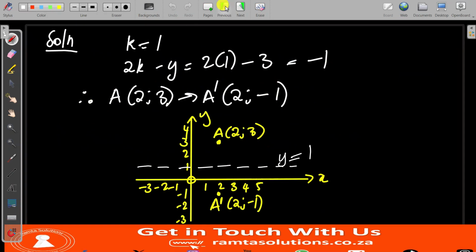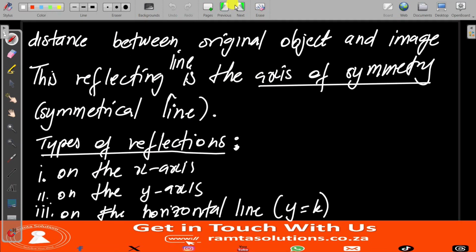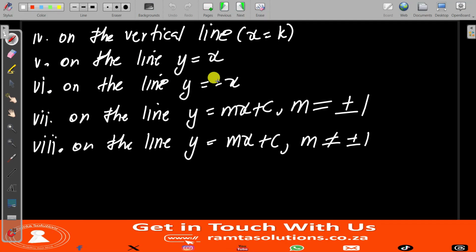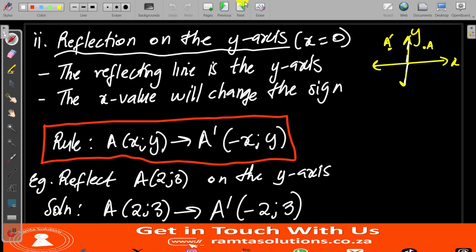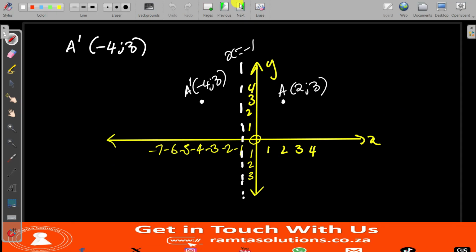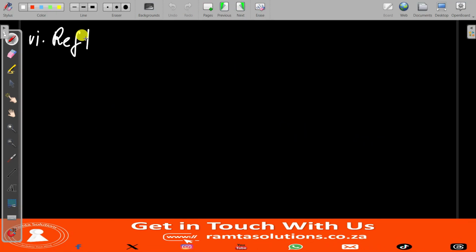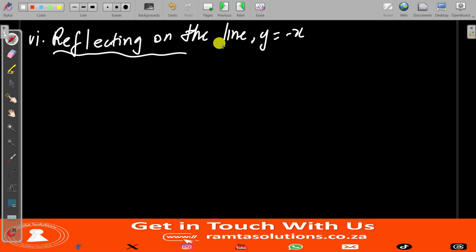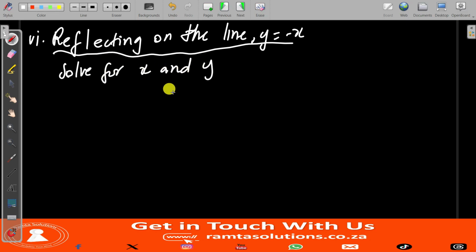Yes, reflecting on the line y equals negative x. So with this one, what do you do? Solve for x and y.